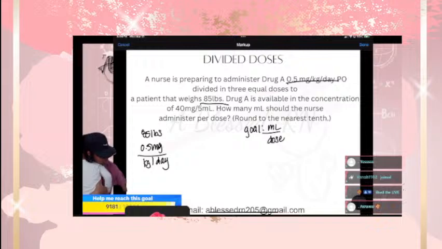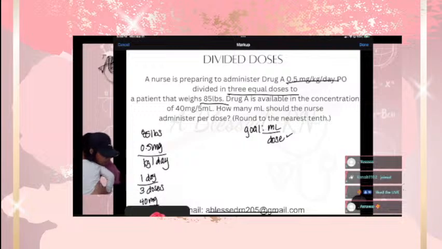And this is the part where we need dose at the bottom, right? So we need to know that in one day, there are 3 doses, okay? And then our product is 40 milligrams per 5 mL. I've almost run out of space.